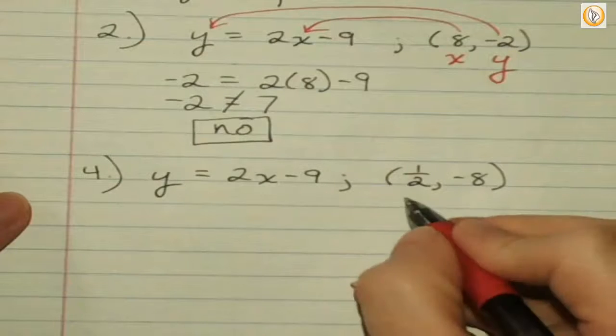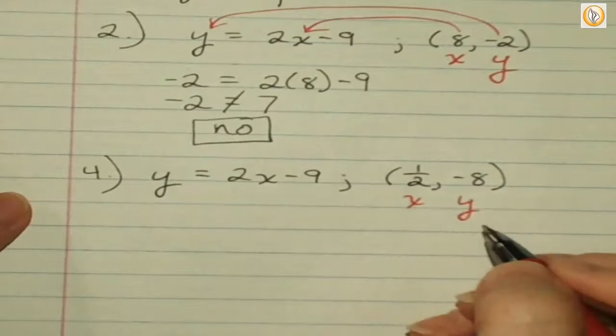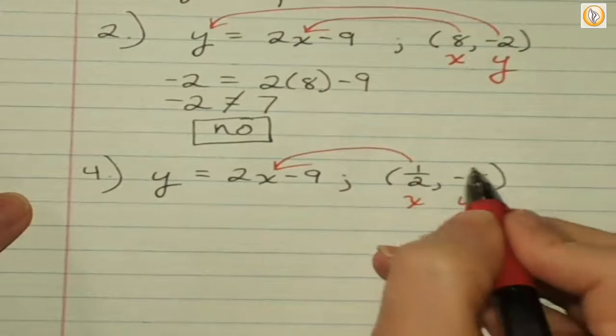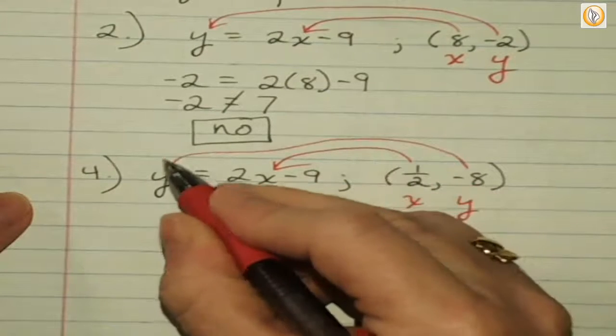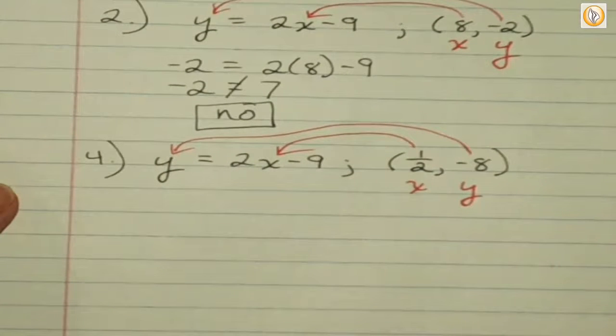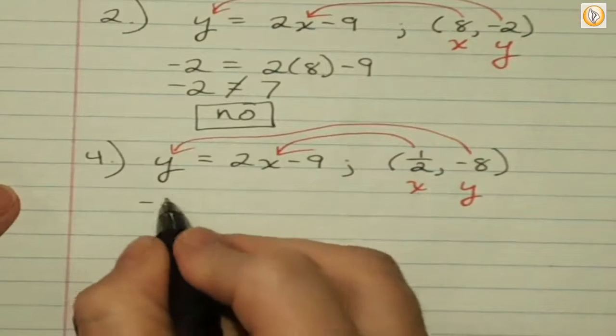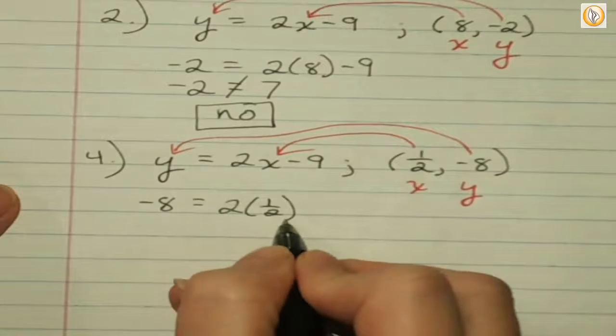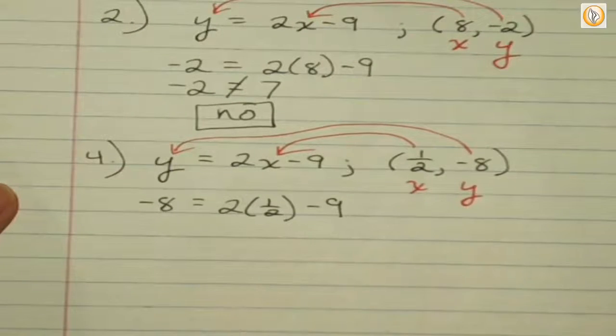So again, I have my x and my y. I'm going to substitute the half in the x and the negative 8 in my y. So I have negative 8 equals 2 times a half minus 9.